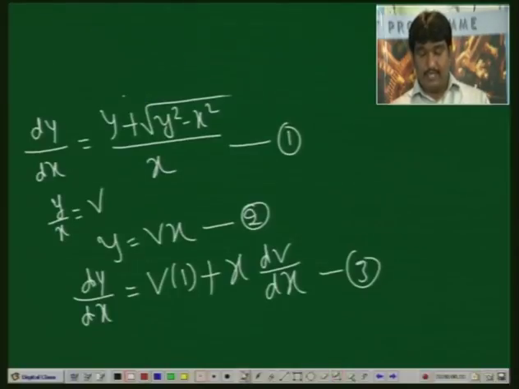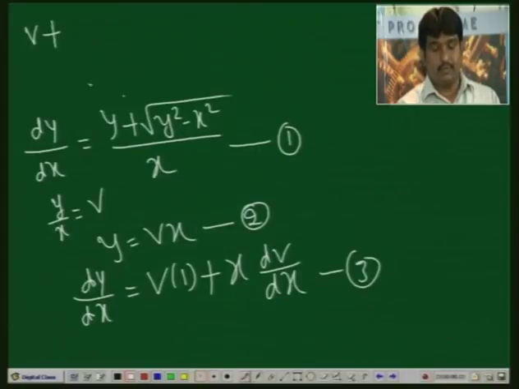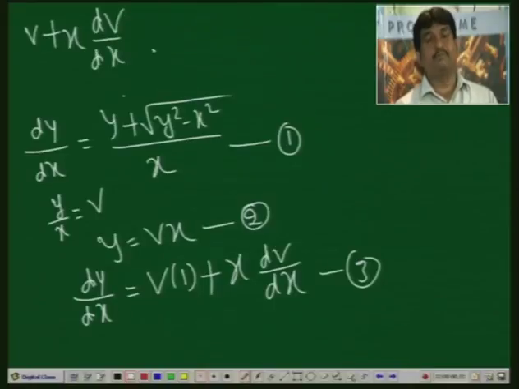The LHS is dy by dx. dy by dx is v plus x into dv by dx.